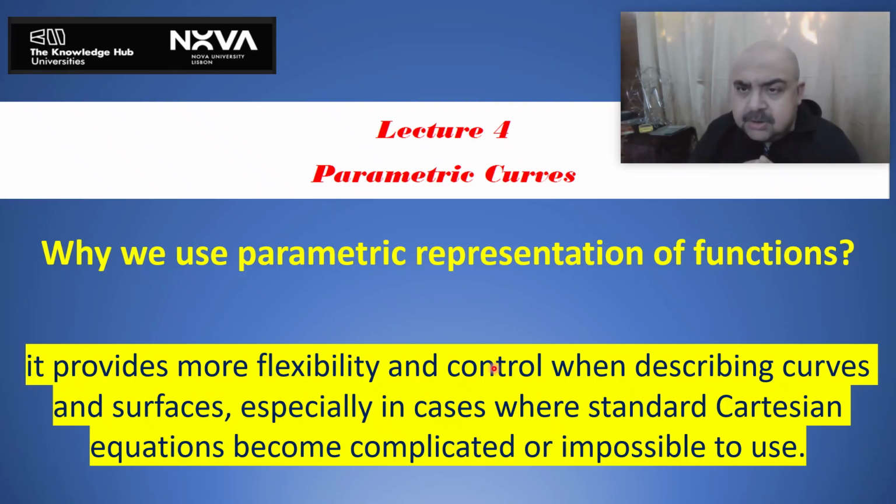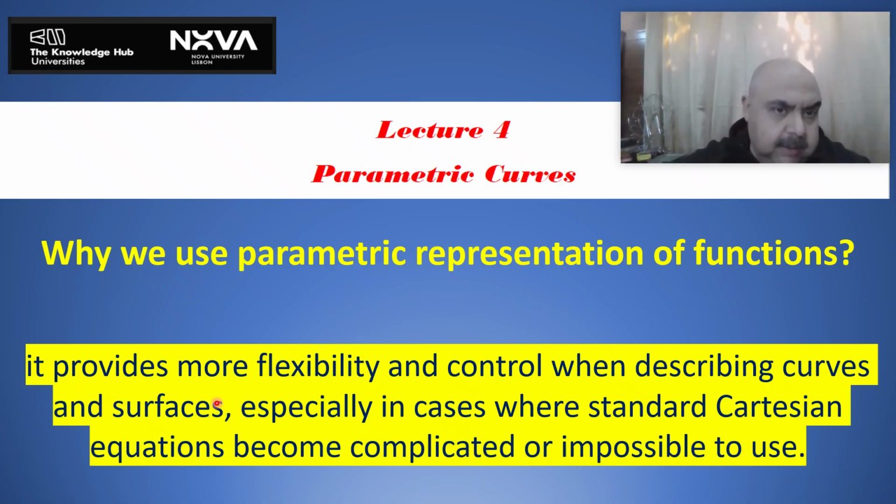From this point comes our hero, which is the parametric representation of curves and surfaces. As you see, it provides more flexibility and control when you are describing a curve and a surface, especially in cases when standard Cartesian coordinates become complicated.